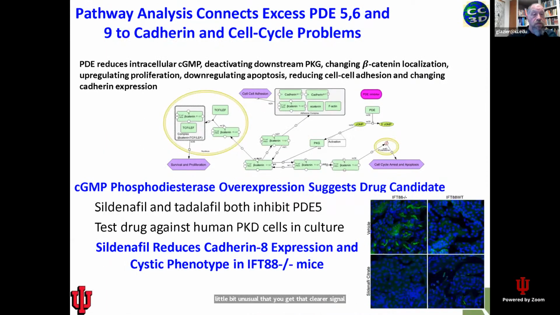Then there's still a question about how the cadherin is working. Cadherins modulate cell adhesion and cell motility through beta-catenin. Beta-catenin in turn connects to the cell cycle through phosphodiesterases. And so this suggested particular classes of phosphodiesterase expressed with cadherin and excess proliferation.